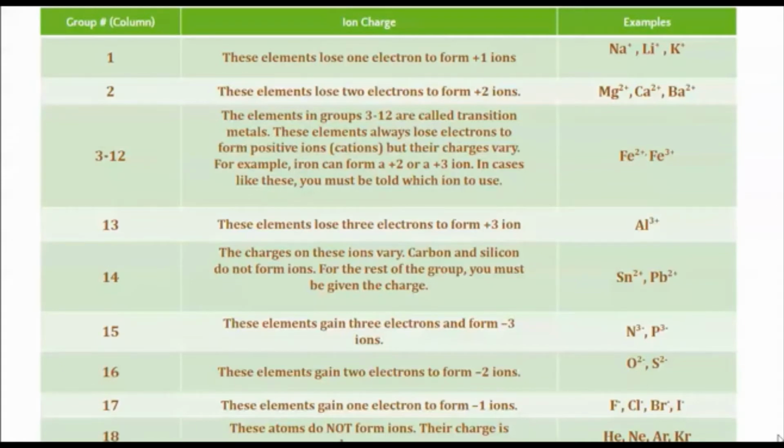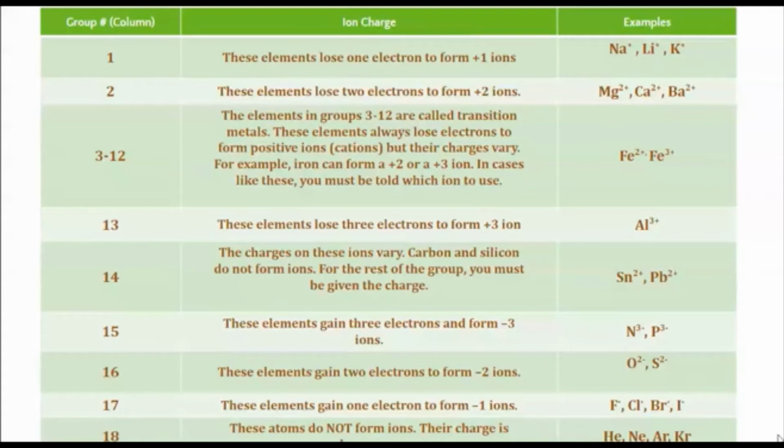So when we're looking at it, column 1, they lose 1 electron and they form 1+ ions. Column 2, they form 2+ ions because they lose 2 electrons. Columns 3 through 12 are your transition metals, and you have to be provided the charge.